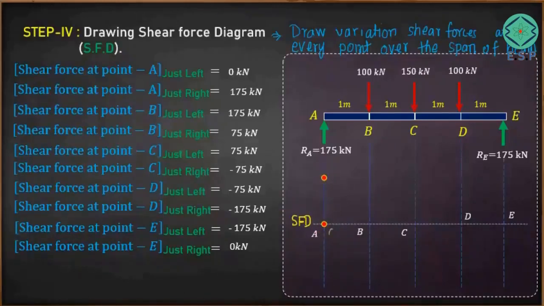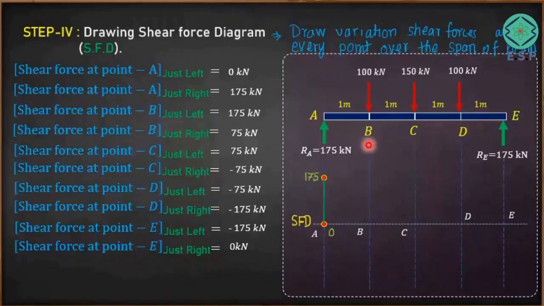So this is 0 kilonewton, you can see, and this is 175 kilonewton here. So your shear force is increasing from 0 to 175 like this. Okay, from the left hand side of point A there was 0 shear force, and as you cover point A, your shear force has gone to 175. That variation is shown by this particular vertical line.